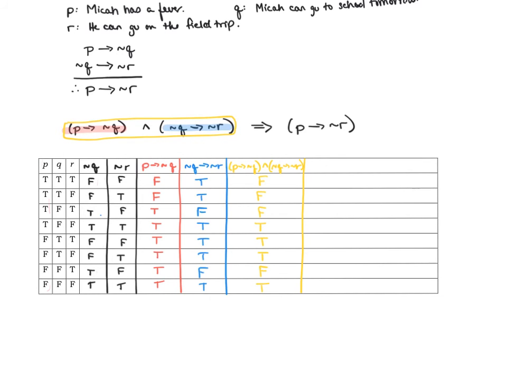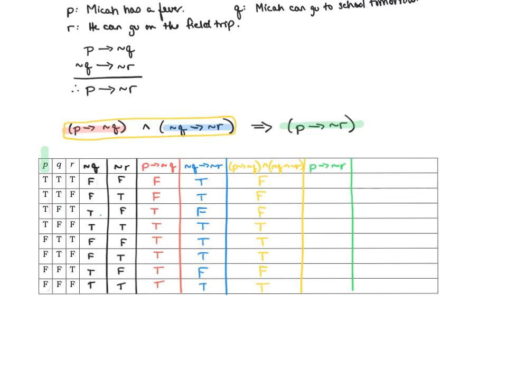Okay, so as of yet, I have not done this P implies not R statement at all. So let's go ahead and take care of that. Now I've got to go back a ways to find my columns. I've got to find my P column here.